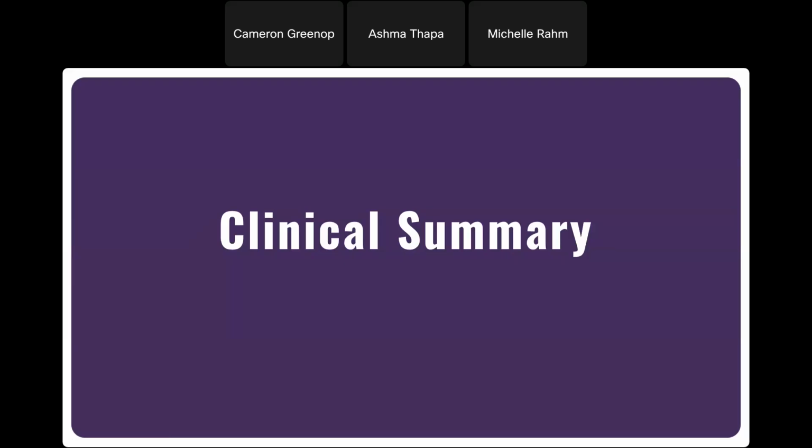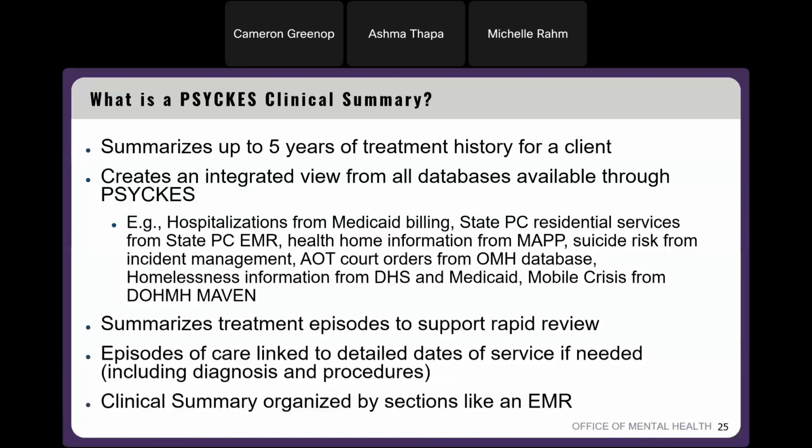So let's start with the clinical summary overview. Our clinical summary summarizes up to 5 years of treatment history for a client, and it creates an integrated view from all databases available through PSYCKES. Some examples are hospitalization from Medicaid billing, state PC residential services from state PC EMR.